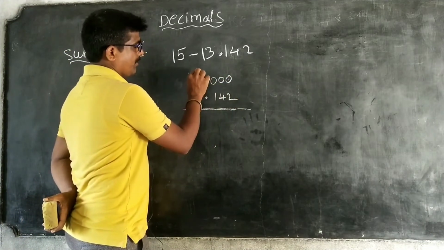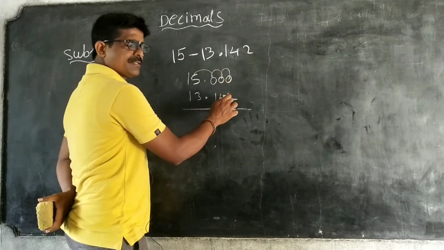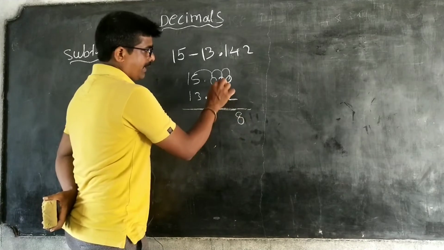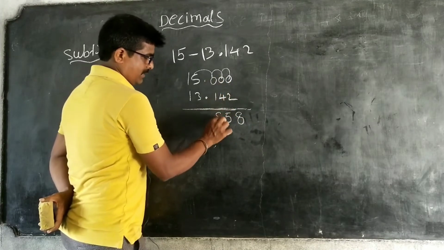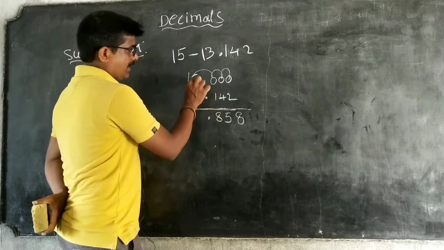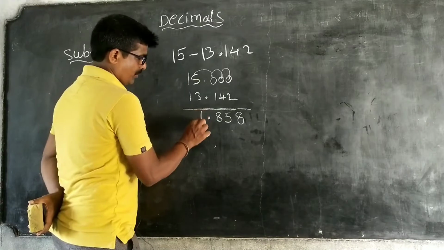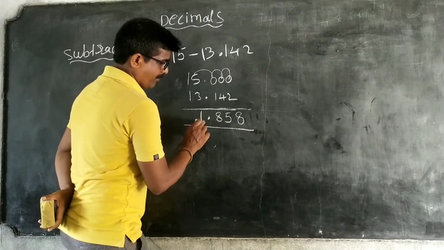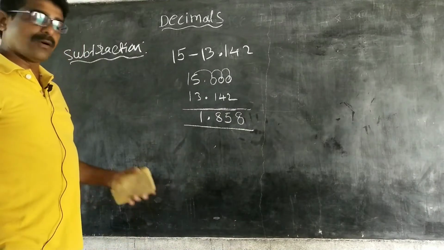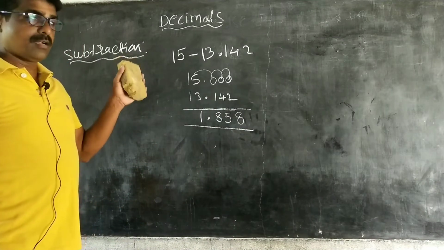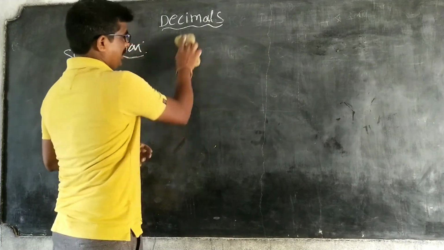Nothing, we will take borrow from 5 only. So 10 minus 2, that is equal to 8. 9 minus 5, 4. Here 9 minus 1, 8. Point as it is. Next here 4. 4 minus 3, 1. 1 minus 1, 0. I won't write it. That is equal to 1.858. Simple thing.